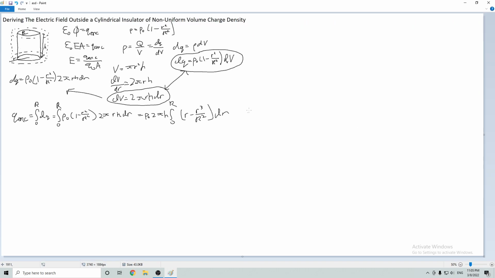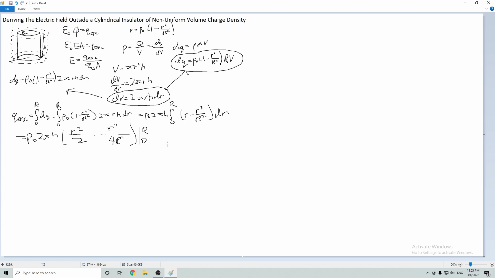Okay, now we have this. So now we just integrate. This is equal to rho naught 2 pi h times, if you integrate this, r squared over 2 minus r to the 4th over 4 big R squared, evaluated from 0 to big R. So now we just evaluate this.